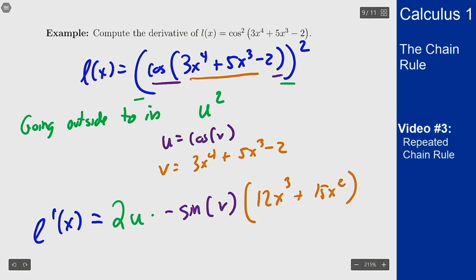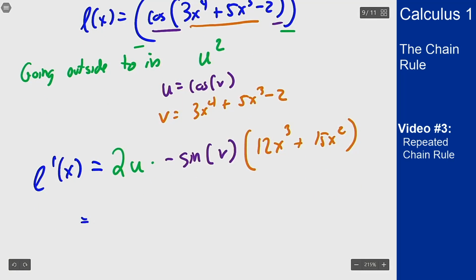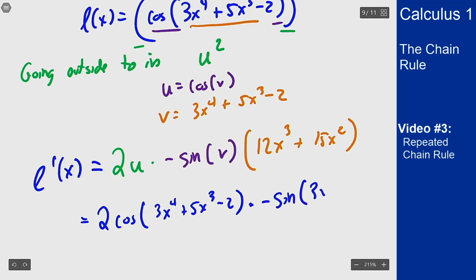And I want to convert everything back to x's because that's the variable that I have on the other side of the equation. So I should get here 2 times u, which is cosine of v, where v is 3x to the fourth plus 5x cubed minus 2, times a negative sine of v, where v is 3x to the fourth plus 5x cubed minus 2, and then that part on the end still 12x cubed plus 15x squared.